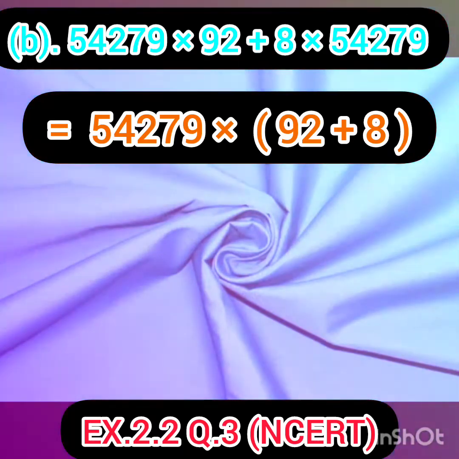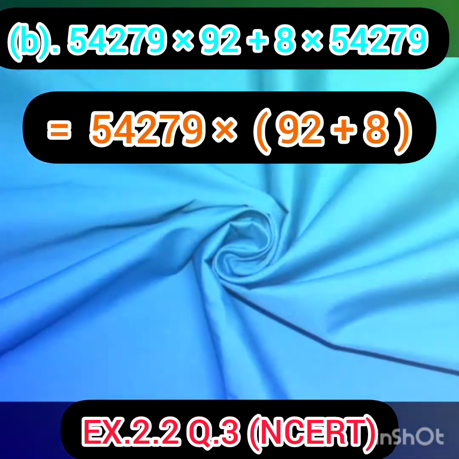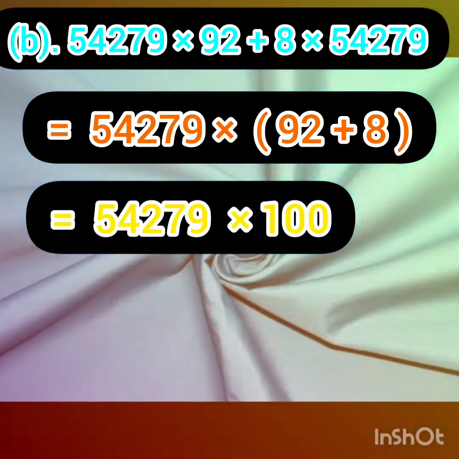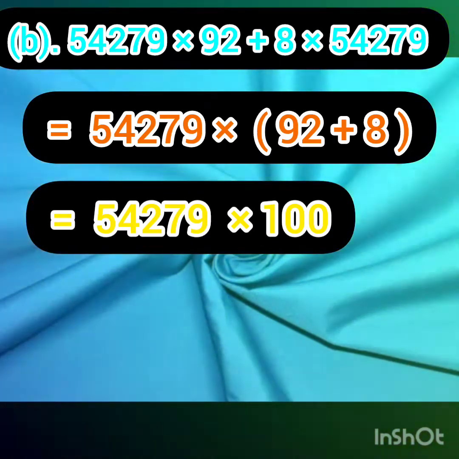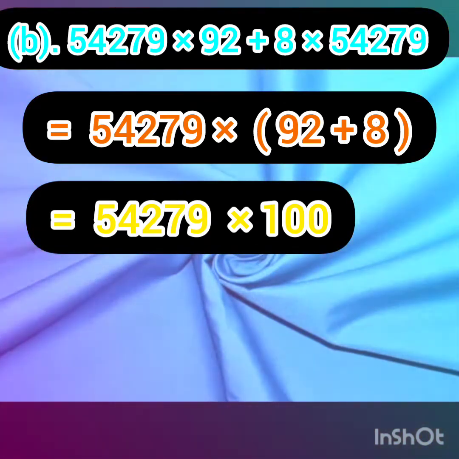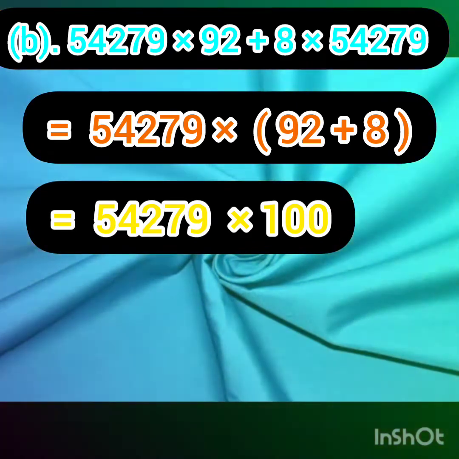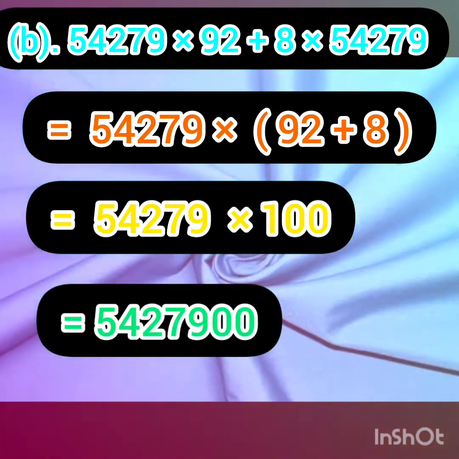So, in the bracket, we will have 92 plus 8. So, 92 plus 8 gives the result 100. Now, let's multiply 54,279 with 100. So, its product will be 54,27,900.